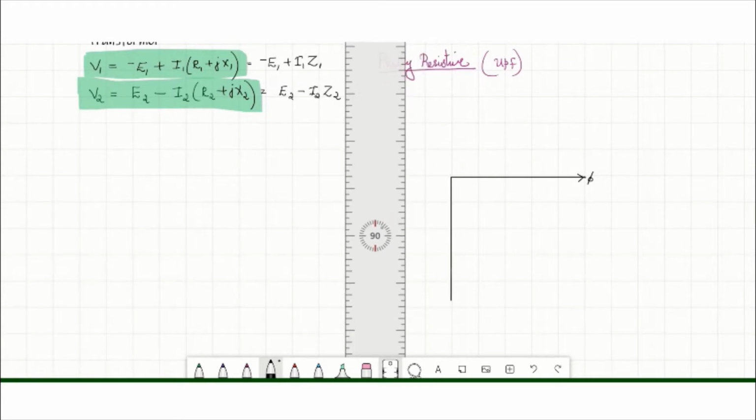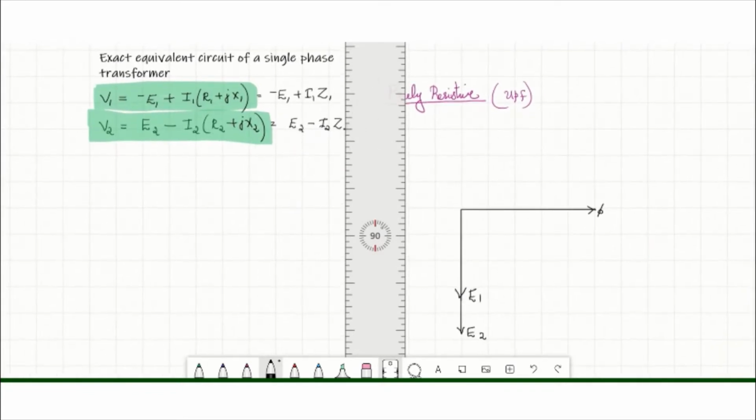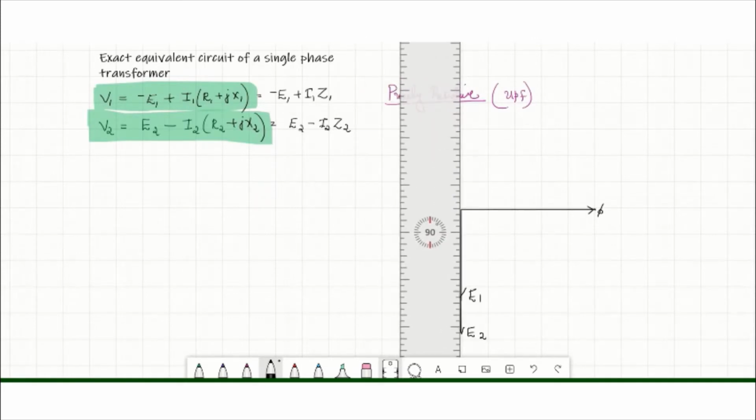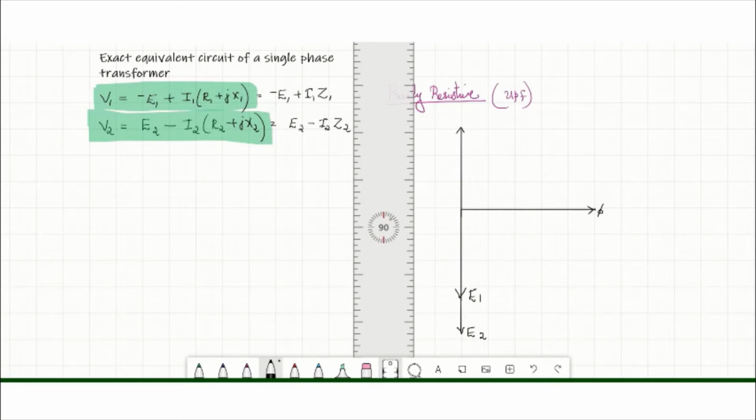So here we will get both E1 and E2. Now let's consider this minus E1. We have E1 here, and in order to get minus E1, extend E1 to the negative side. This is minus E1.